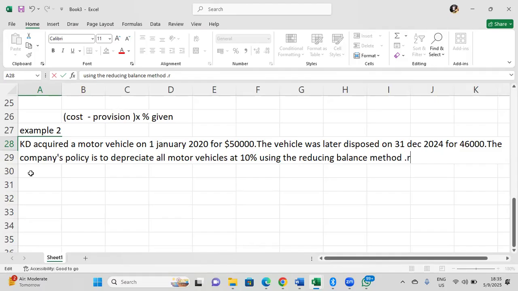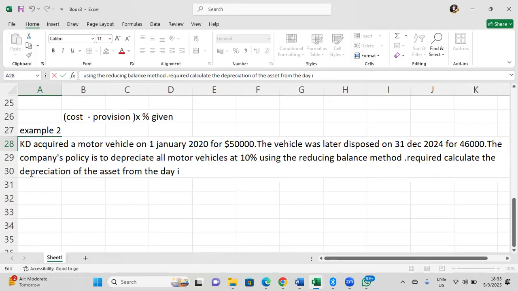Required: calculate the depreciation of the asset from the day it was bought up to the day it was sold.